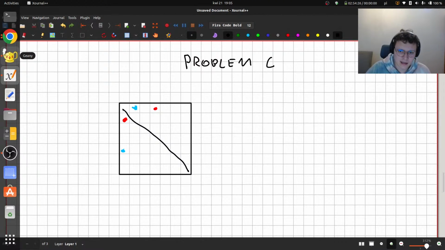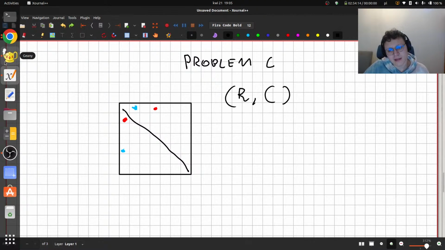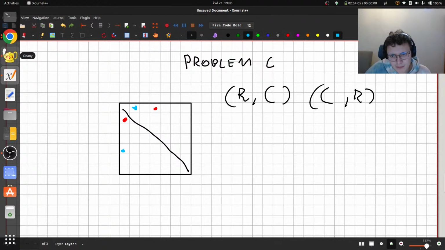If we color the square in row R and column C blue, then the square in row C and column R will be colored red, right? But if we color something on the diagonal, it doesn't have a reflection, so it will only be colored blue.